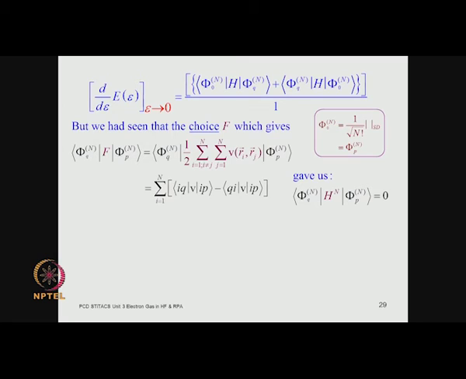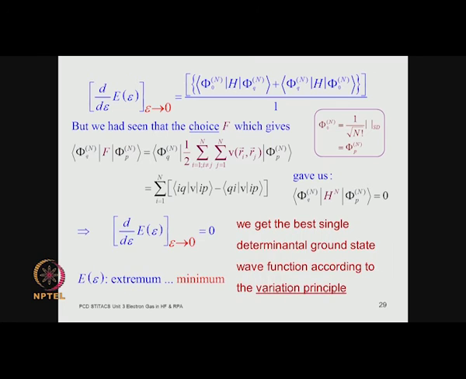We had chosen f such that the matrix element of f was equal to the matrix element of the 2 electron operator with this particular expansion in terms of the Coulomb and exchange integrals, and this had given us that this matrix element of the n electron Hamiltonian between the states q and p had vanished.